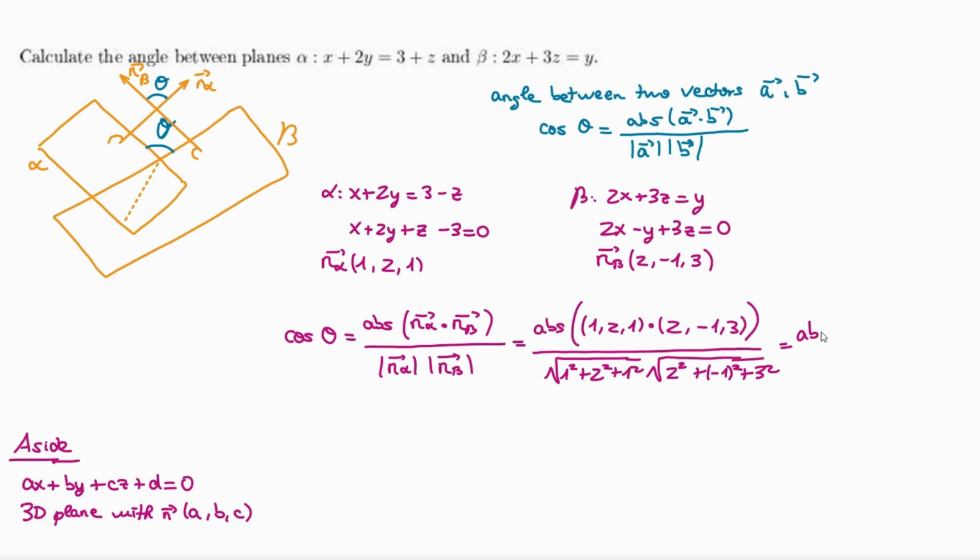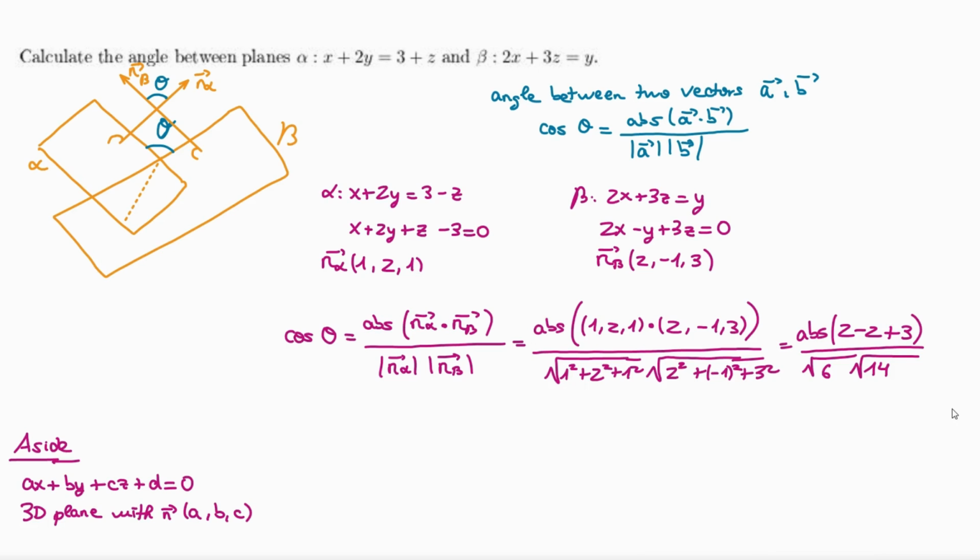So we have the absolute value of the dot product component by component: 1 times 2, 2, second component times second component, -2, third component times third component, plus 3, divided below by the square root of 2 squared, 4 plus 1 plus 1, root 6, times the square root of 3 squared is 9 plus 1, 10, 14.